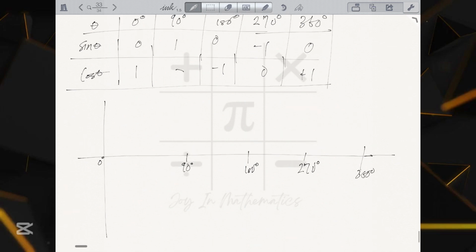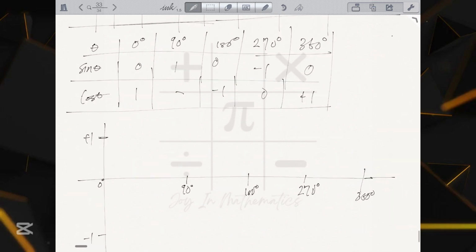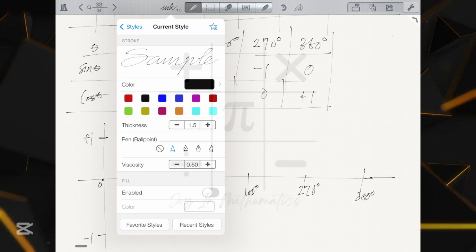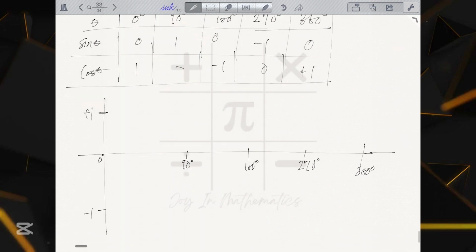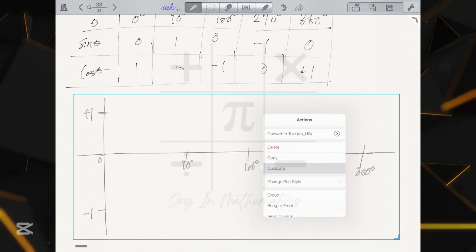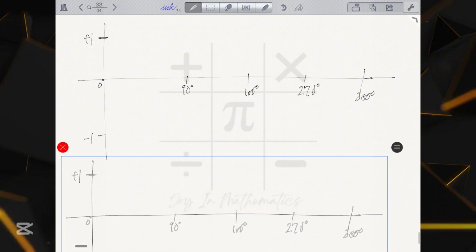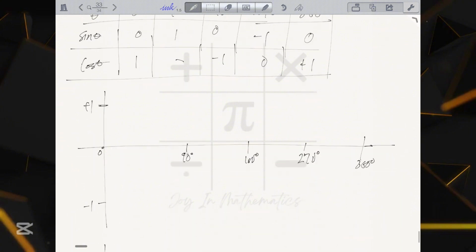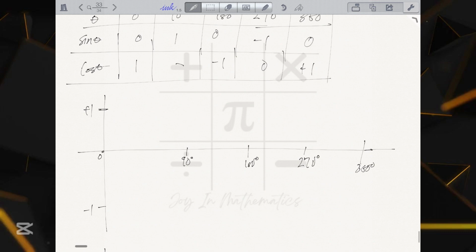And the values of my y are just positive 1 and negative 1. Let's duplicate this so we don't get it mixed up, one for sine theta and one for cos theta. Let's begin with y equals sine theta.